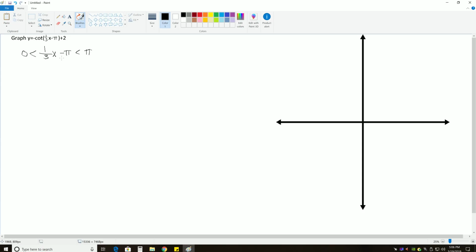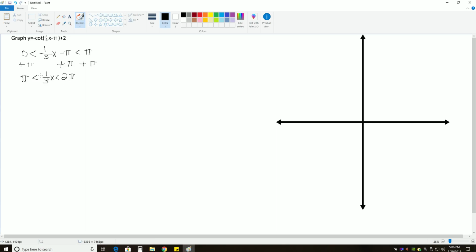So the first thing that we're going to do here is add pi to all three, which gives us pi is less than 1/3 x, which is less than 2 pi.